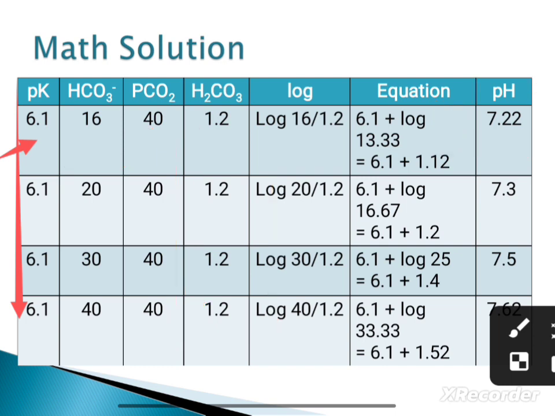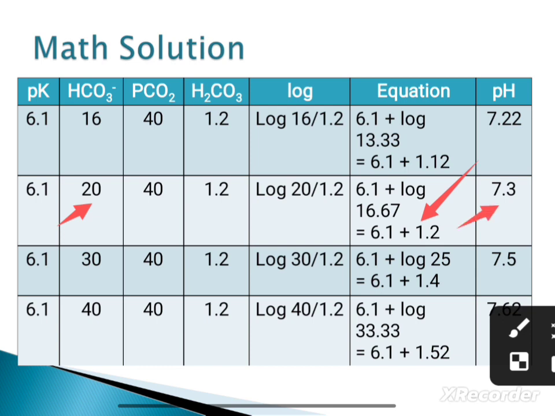Now, what will happen if the serum bicarbonate level is 20? All other parameters are the same. If we go through the equation, we will find that the log of 16.67 is 1.2. If we combine 1.2 with 6.1, we will get 7.3.